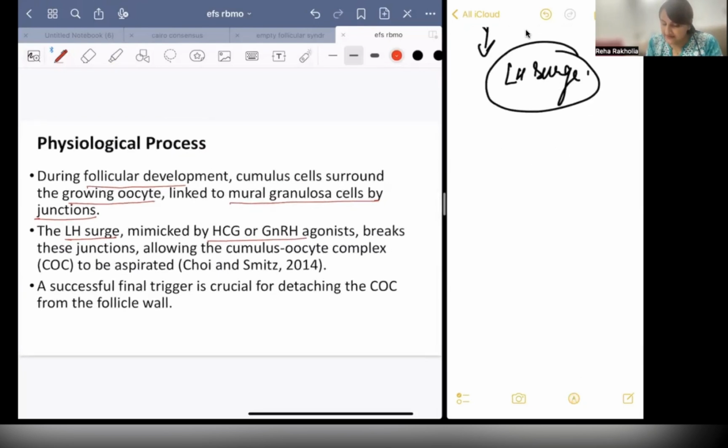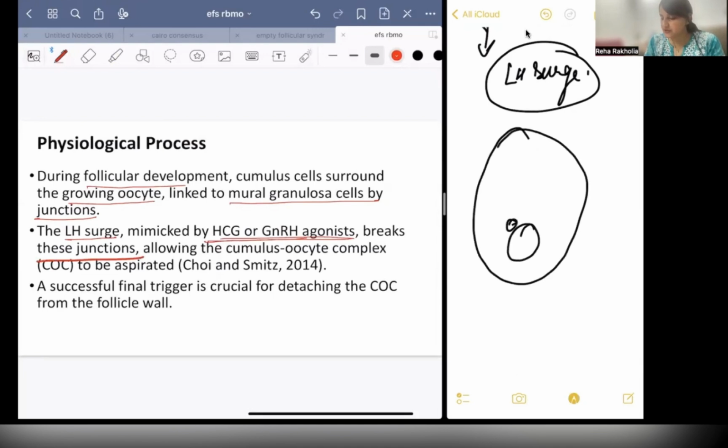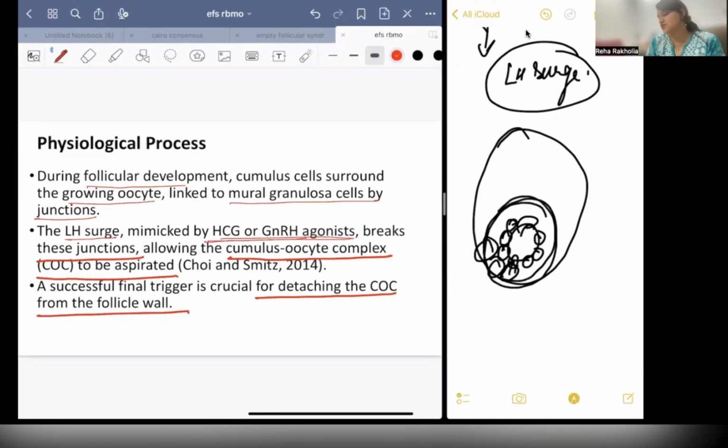So the LH surge mimicked by HCG and GnRH agonist breaks these junctions between cumulus and mural granulosa cells, allowing the cumulus oocyte complex to be aspirated. A successful final trigger is crucial for detaching the COCs from the follicular wall. The cumulus oophorus complex should be detached for successful oocyte retrieval.